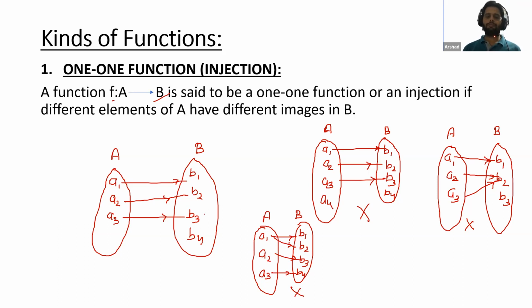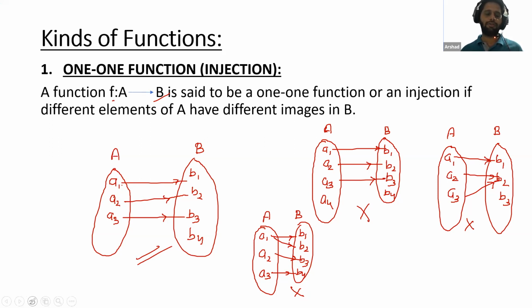Please remember, for a one-one function, the first thing is that it should be a function. So you need to check the definition of a function. We have two points for that. Secondly, you need to check that different elements should be associated with different elements. So A1 should be associated with a different element, A2 with a different one, A3 with a different one. In that case, we will say that this is a one-one function. I hope this is clear to everyone. You can note down this example of a one-one function.